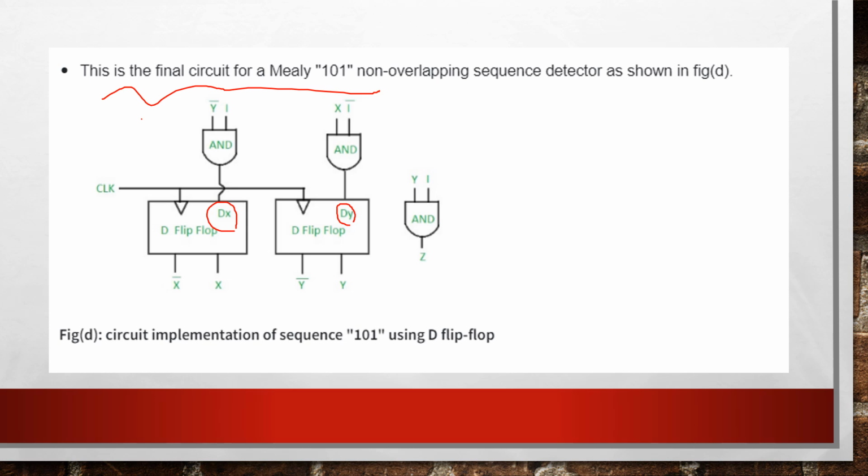Here the clock pulse is given simultaneously to the two flip-flops, indicating it is a synchronous circuit. The circuit for the output is also drawn, where the output Z is equal to Y into the input value.